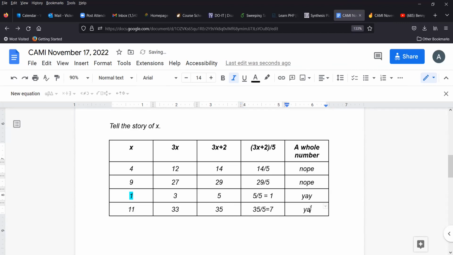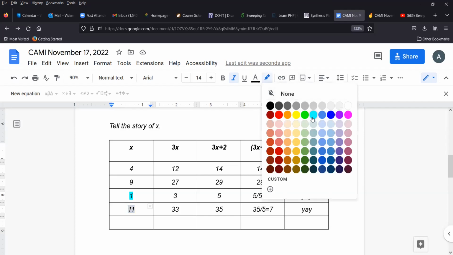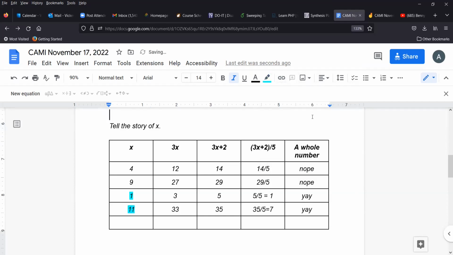You can decide what words you want to use, but I like these. So now I wonder if there's a pattern. Vera, how did you choose 11? I tried the other ones first and it didn't work, some of them. So I thought if it works with 1, then how about I try with 11 and it worked.